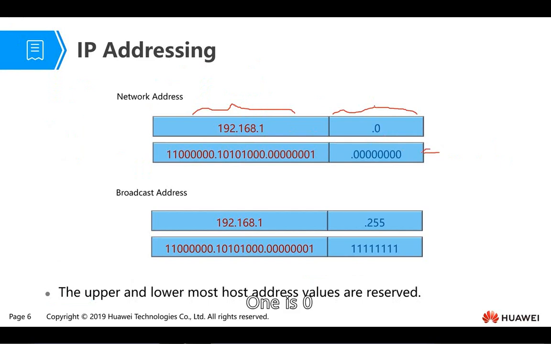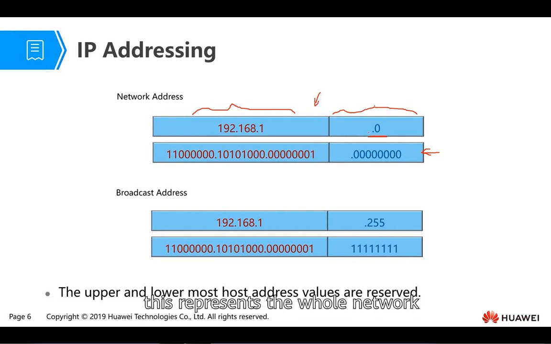One is 0. When the host part is 0, it means this is a network number, the network address. This IP address is used to identify the network, not the host.